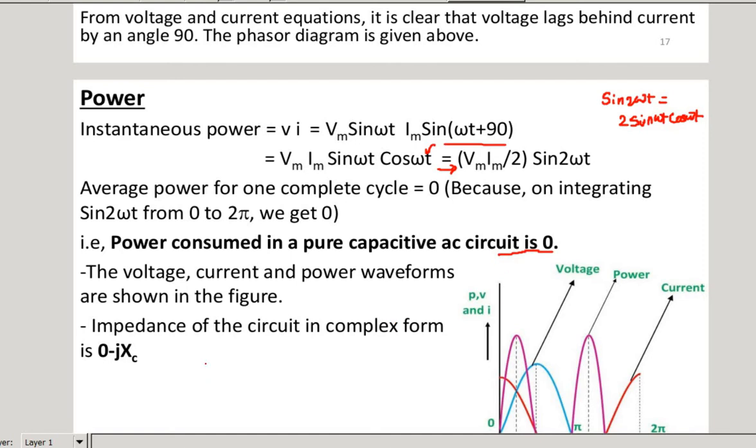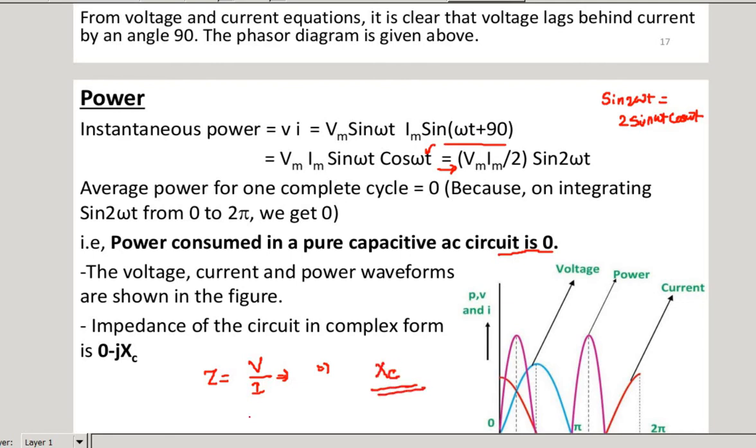Now how can you write the impedance? The expression for impedance Z is Z equal to V by I. Since this is a purely capacitive circuit, there will be only capacitive reactance Xc.